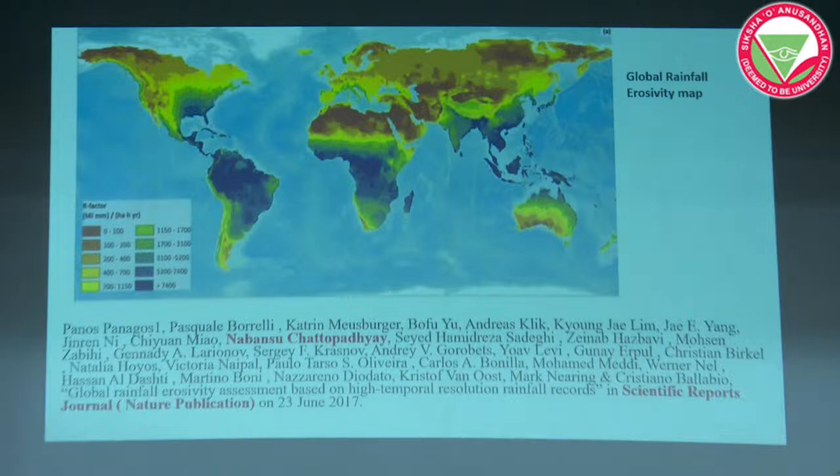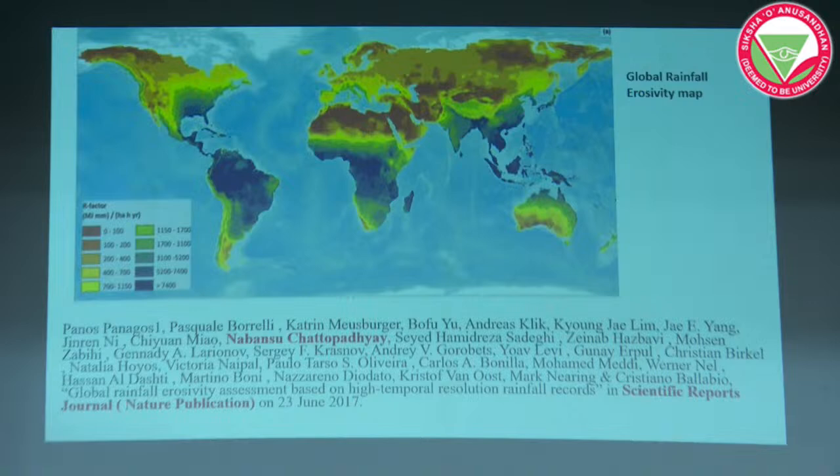That means how much soil erosion there is. If you see this, this is the blue color and green color. Even our northeastern region is now in great danger, because most of the soil is getting eroded because of heavy rainfall, flash floods, or whatever it may be. But in the eastern part, Odisha, West Bengal, we are still in the green part.